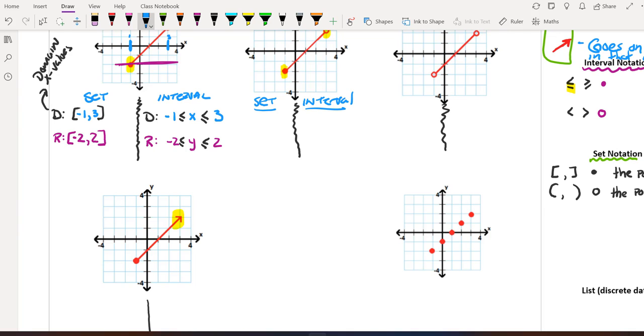We'll come back and do the interval notation. So we'll fill these in. Set and interval. Okay? I'll give you guys a moment to do that. Okay.